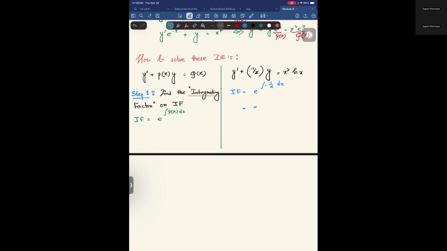This is simply e power negative log x, so this is 1 over e power log x, which is nothing but 1 over x, right? Because e power log x is nothing but x.